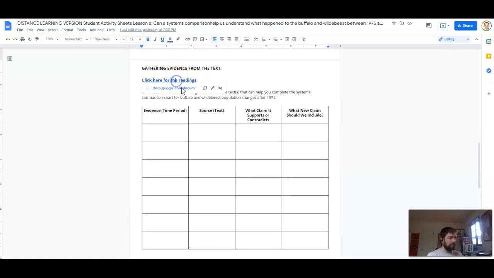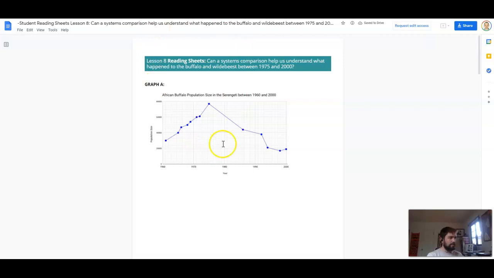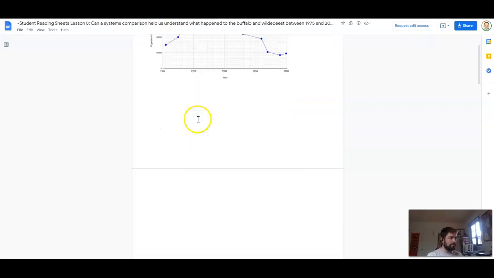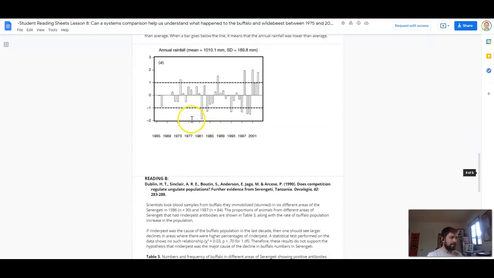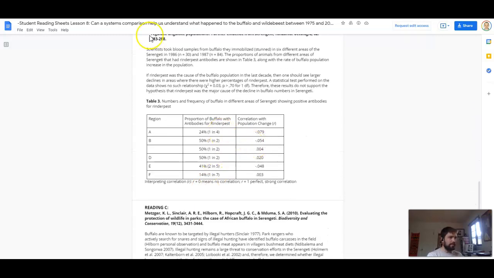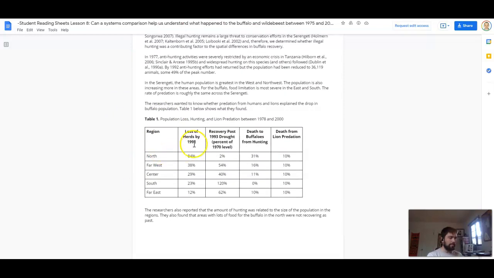Then this is what you'll be doing for the rest of class. There are a few readings that you can get to from this link. One of the readings is just the graphs, two graphs to compare, and then two readings to read. There's a video of me reading these out loud that you can reference, so you can follow along with the video as well.